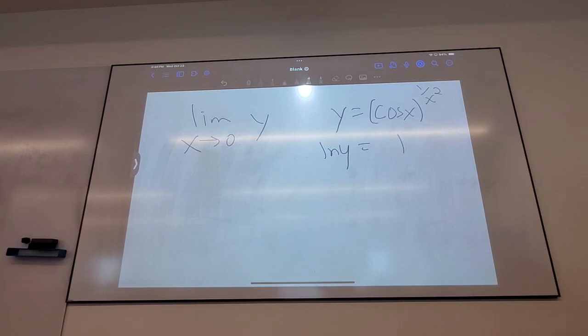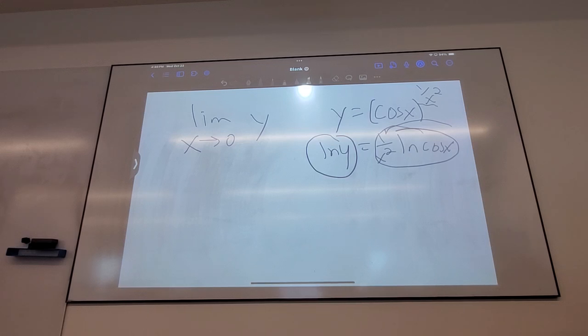What can I do with this? Now real quick, if I take the limit of this, I'm not going to get the answer, correct? No. I'm going to get the limit of the natural log of y, yes?